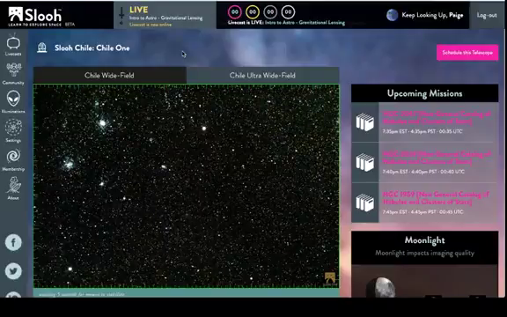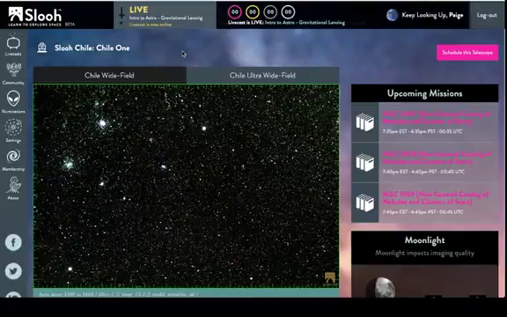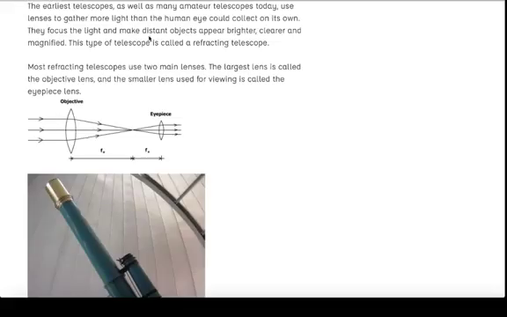A lens. When you think about a lens, you might think of a magnifying glass that you use to read the newspaper, or a microscope, or a telescope, which, as we astronomers like to think about, telescopes, right?